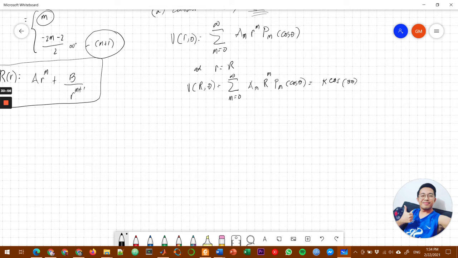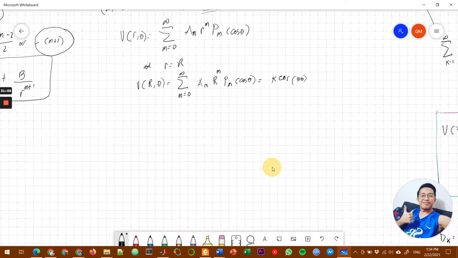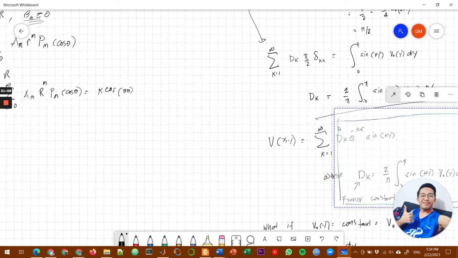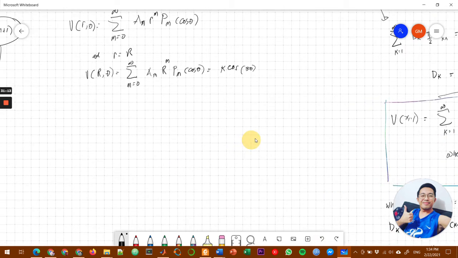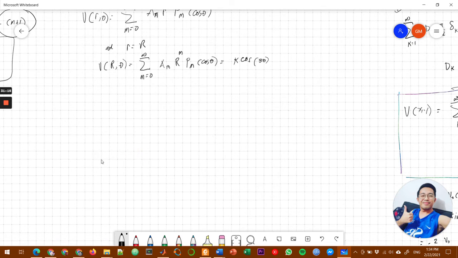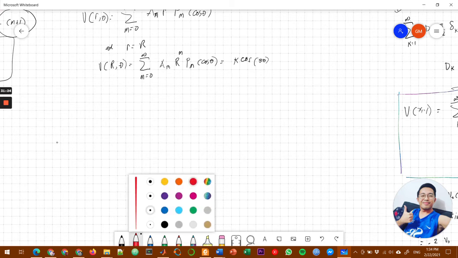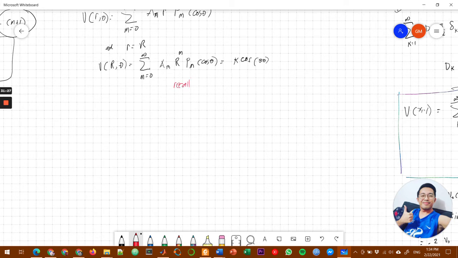Okay. So, para ma-simplify ni siya, bulag siya na. Para ma-simplify na siya, we'll have to recall lahat ng mga side trip and recall your trigonometric identities.